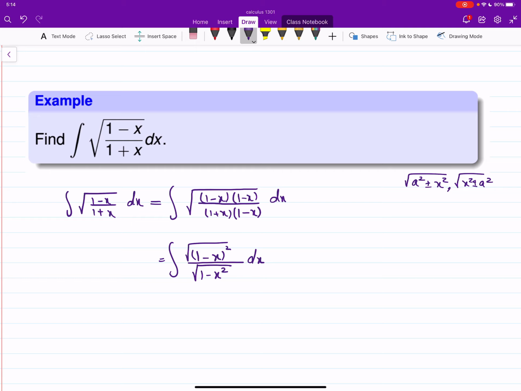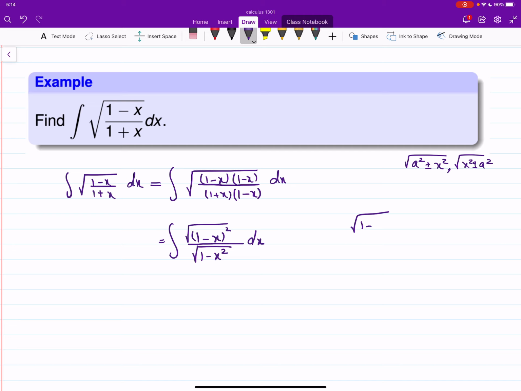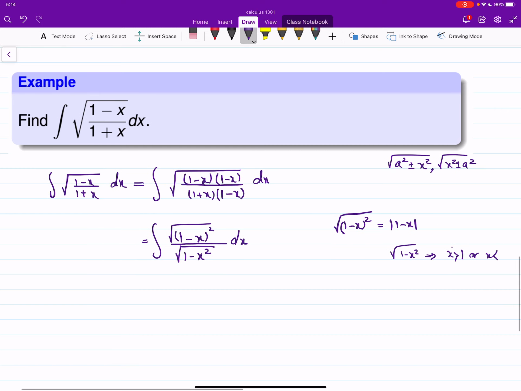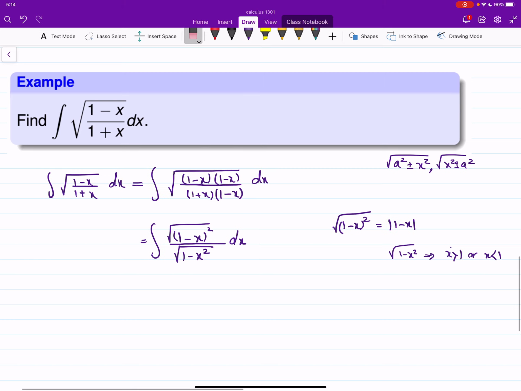Oh, I know what to do with the denominator. In the numerator, if you look, this guy needs to be the absolute value of 1 minus x. I don't like absolute value in the integral, but if you note that since in the denominator I have square root of 1 minus x squared, this means that x must be between 1 and negative 1.